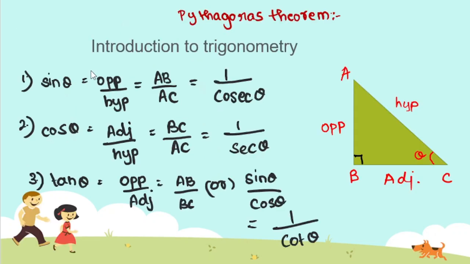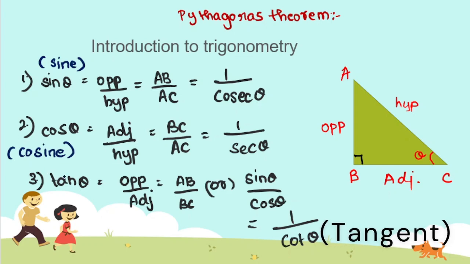What is the full form for sine? SINE is the full form for sine, right? What is the full form for cos? Cosine is the full form for cos. What is the full form for tan? The full form of tan is tangent.